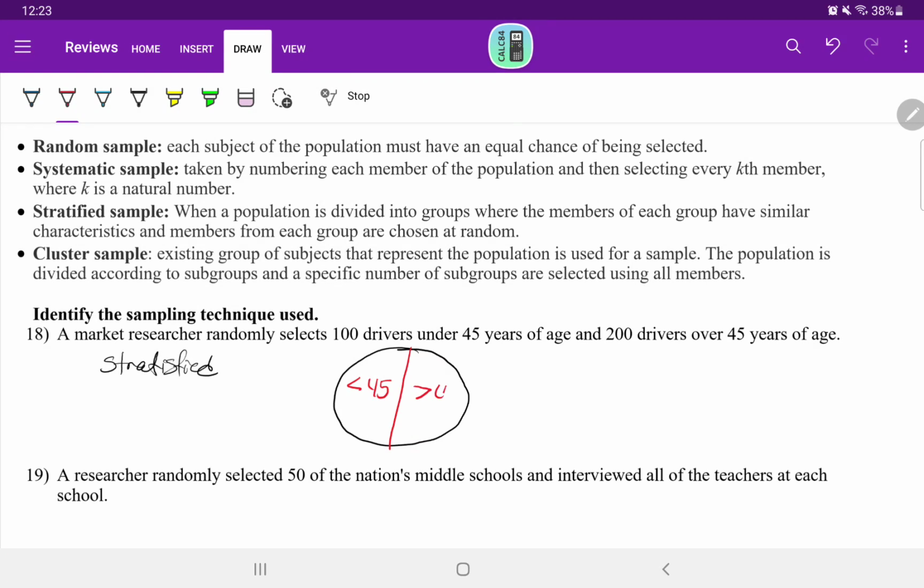I got my signs wrong. Now, out of this group that is younger than 45, I'm taking 100 people, 100 drivers. And older than 45, I'm taking 200 drivers. That is stratified. I divided it based on the characteristic of their age, and I picked a certain amount of people from each group.